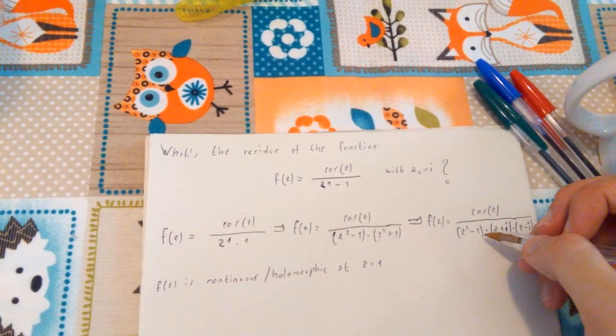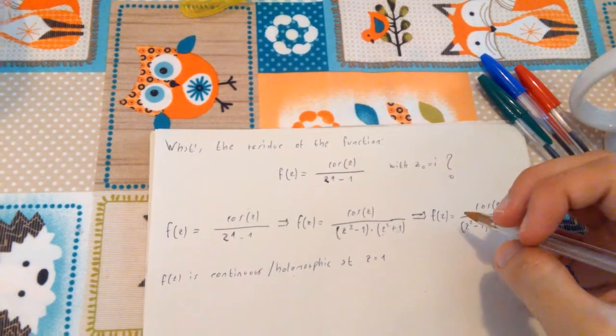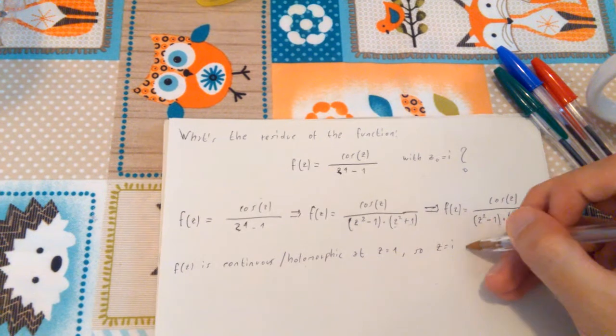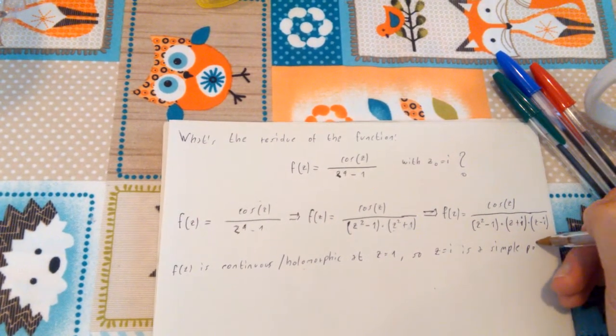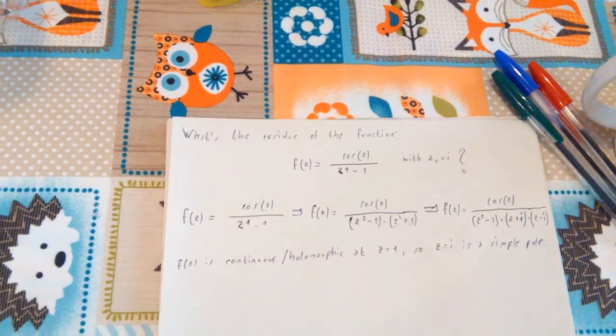In fact, z equal to i is a simple pole. So we can use the limit.